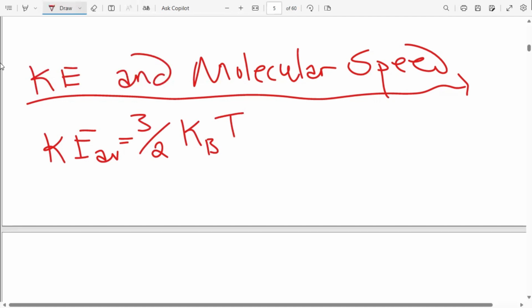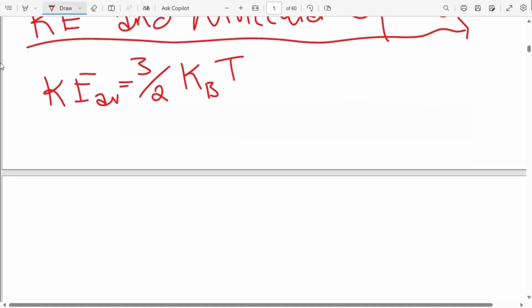And this is actually a crucial result because the absolute temperature is a direct measure of the average kinetic energy of a molecule. And if this is the formula we are using to calculate the average kinetic energy of a single gas molecule, how about if we want to calculate the total kinetic energy of all gas molecules?